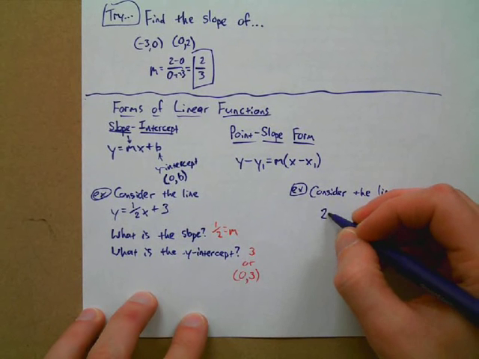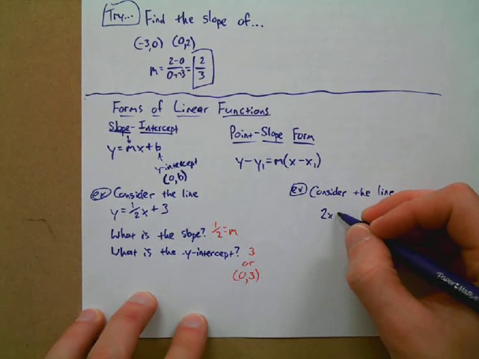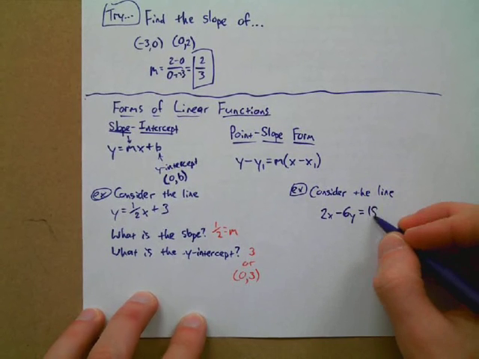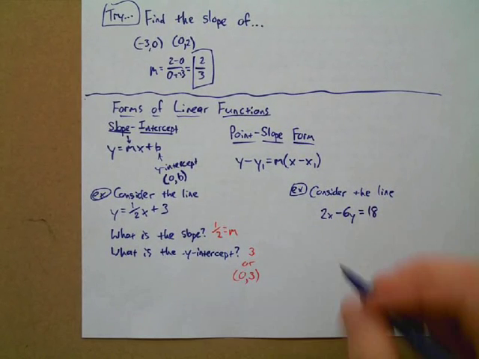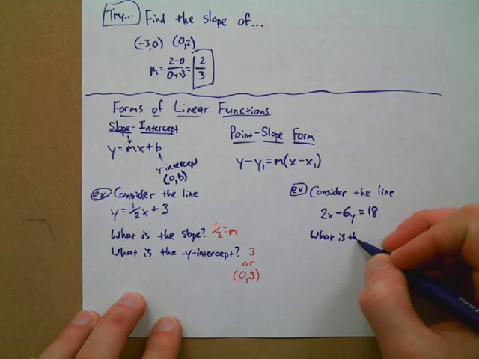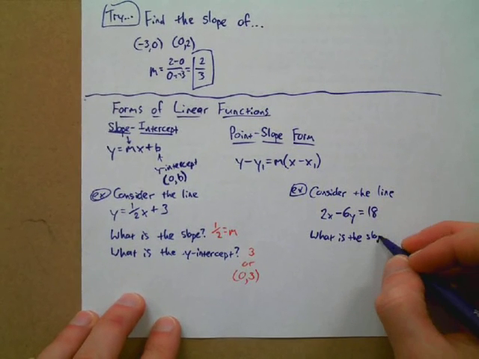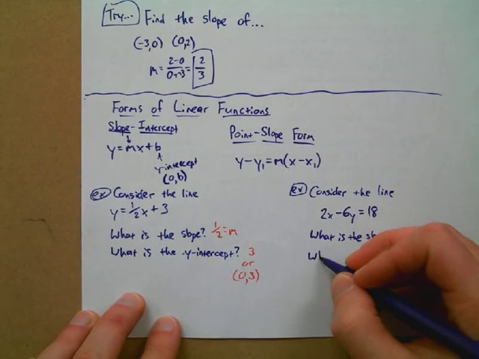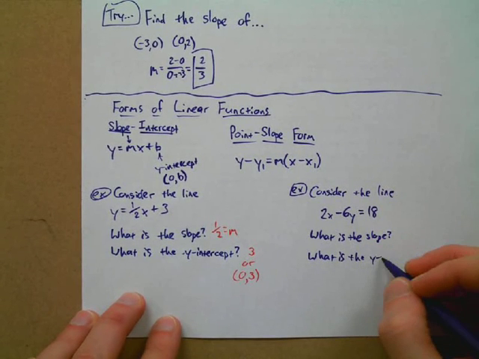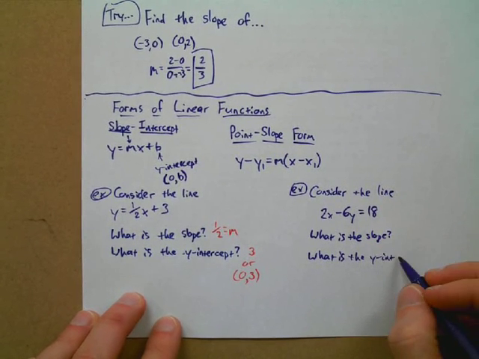What is the slope? What is the y-intercept? It might be off the screen. Yes, kind of. Okay. 2x minus 6y equals 18. What is the slope? What is the y-intercept here?